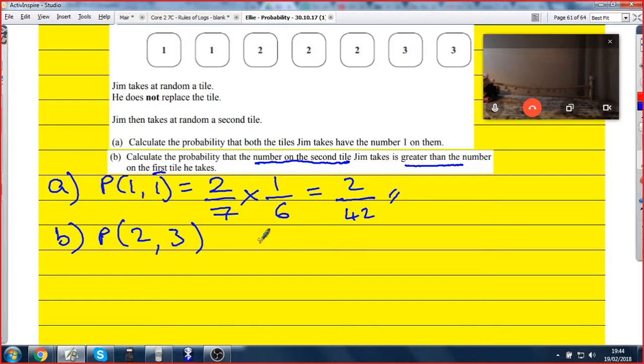Oh, okay. So 1 and 2. Is there any other possibility? 1 and 3. That's it. Okay, what's next? So we're trying to find the probability of getting either a 2 then 3, or 1 then 2, or 1 then 3.